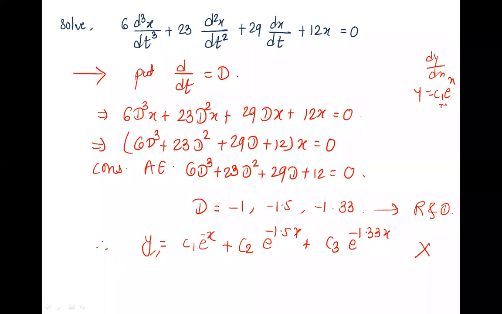But if it is dx by dt, what will be the answer? x is equal to function of what? t. So what can be the solution? x is equal to C1 e raised to minus 1t plus C2 e raised to minus 1.5t plus C3 e raised to minus 1.33t. Is it correct now?